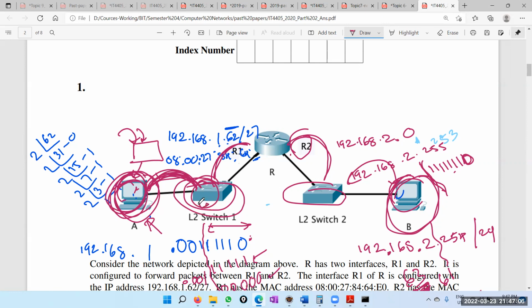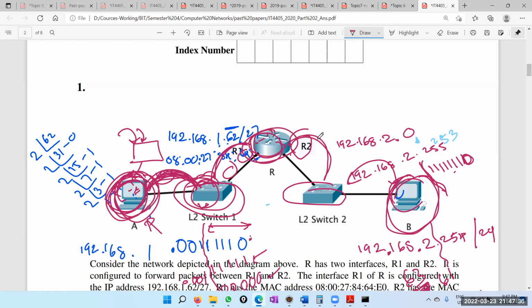Sorry, not the MAC address of the switch. It will be the MAC address of the router, because you are connected to the switch anyway. You don't need an address for this one. So the same data frame travels from here to here: the source MAC address will be this one, the destination MAC address will be this one.